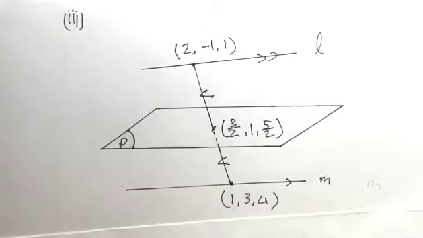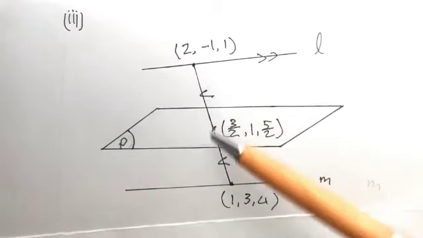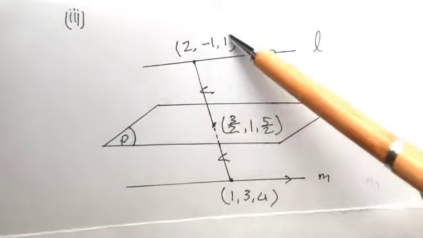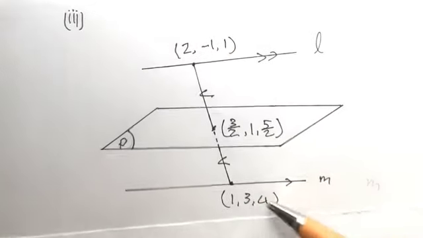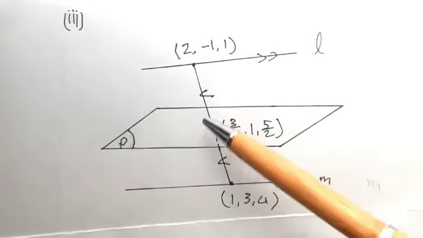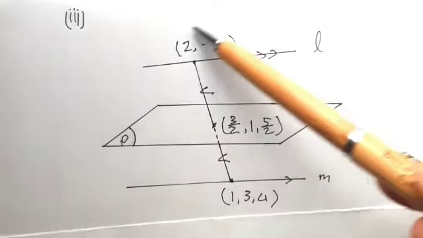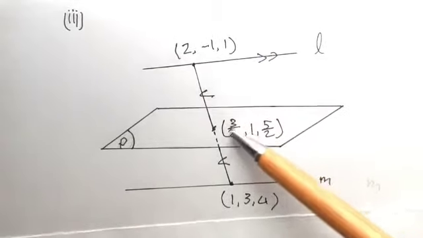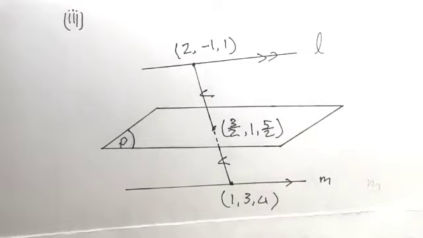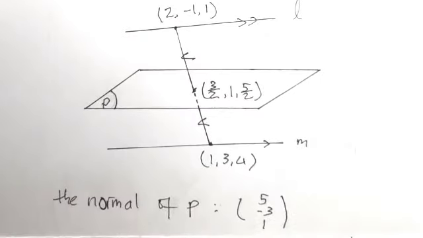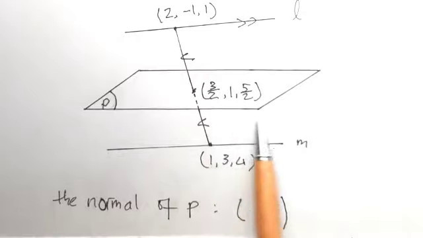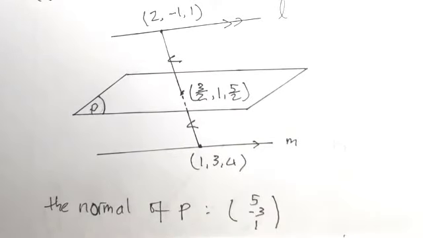This means the midpoint of this point on line L and this point on line M will lie on plane P, and the midpoint of this point and that point is (3/2, 1, 5/2). The normal of plane P, that is already calculated in part (ii), is (5, minus 3, 1).